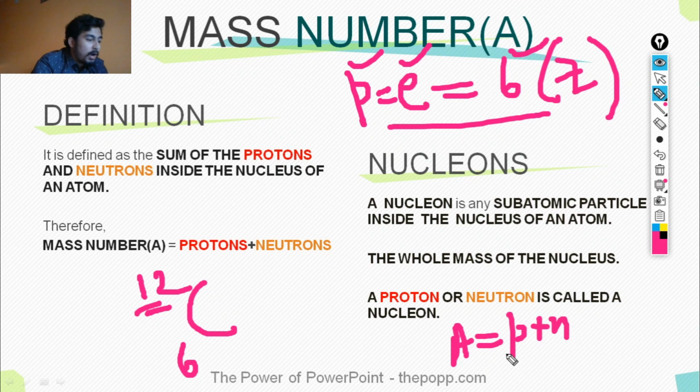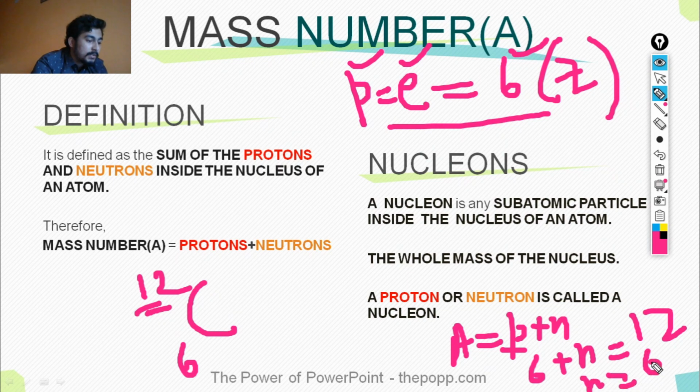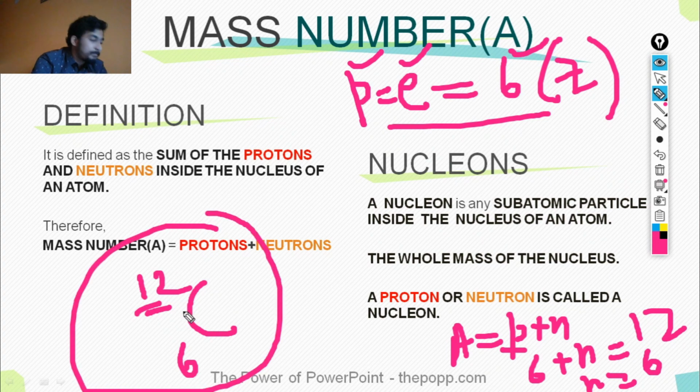We know the number of protons is 6, neutrons we have to figure out, and the mass number is given as 12. So we write 6 plus n equals 12. Hence neutrons will also be 6. So we can easily find out how many protons, electrons and neutrons are there in this particular atom.